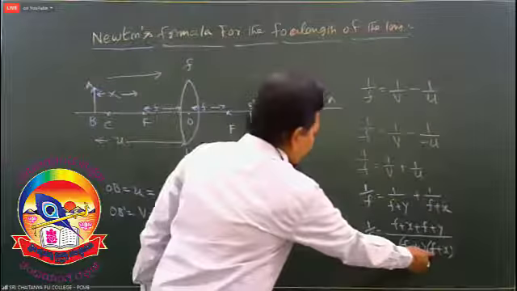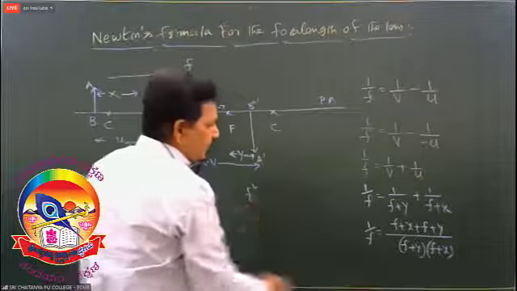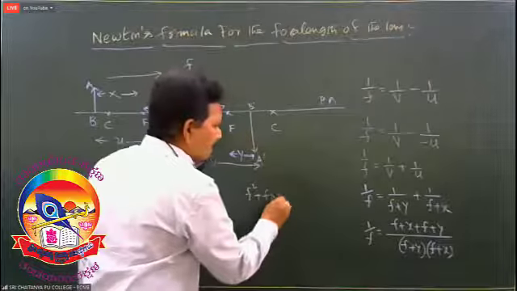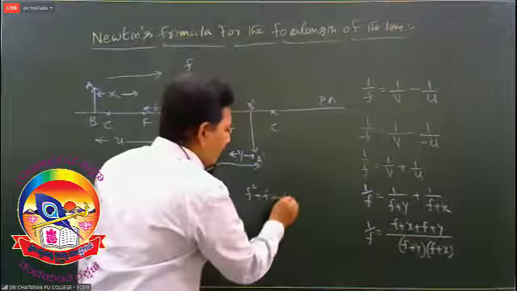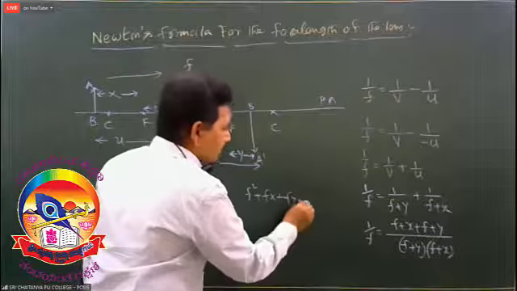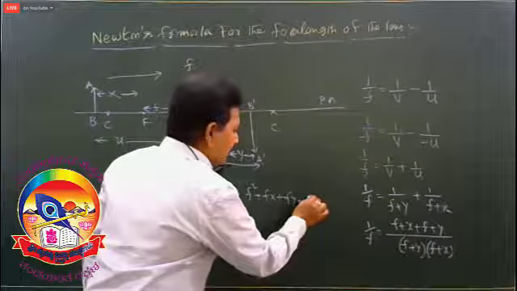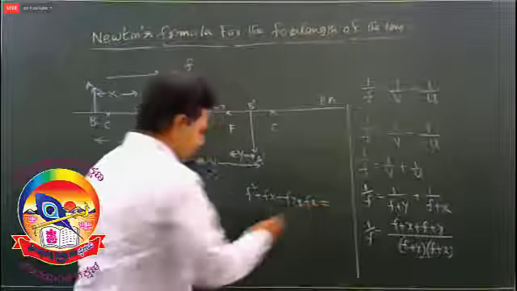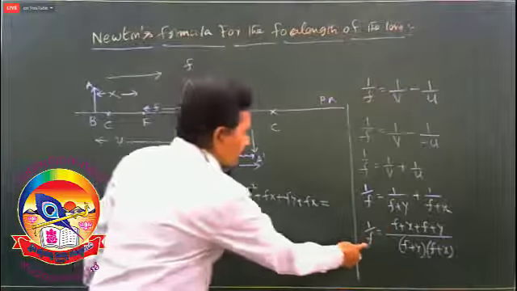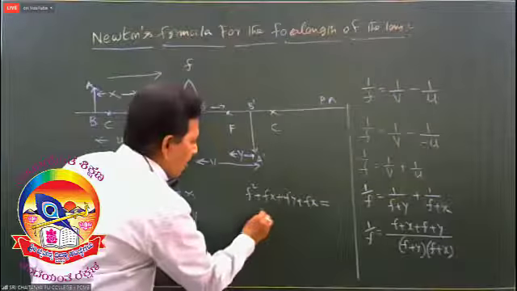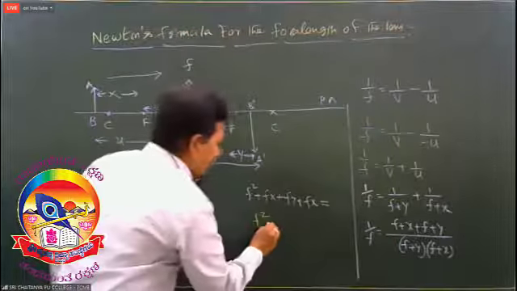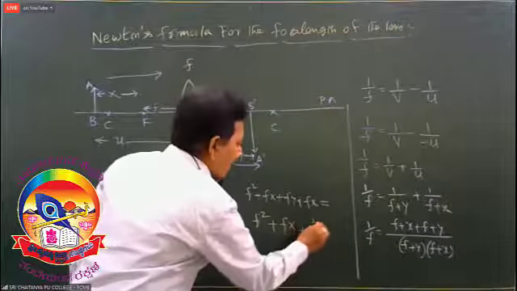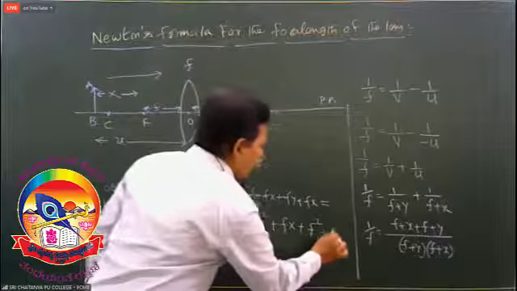So f into f, f squared, f into x, fx, plus y into f, fy, plus y into x, xy, is equal to f into f squared, f into x, fx, f into f squared, f into y, fy.